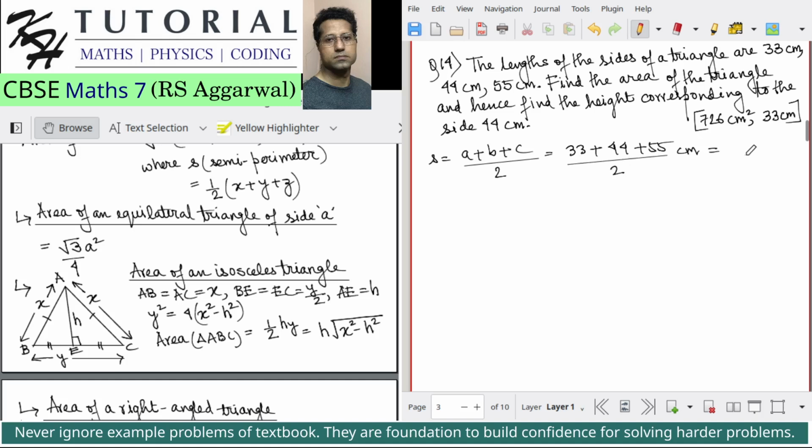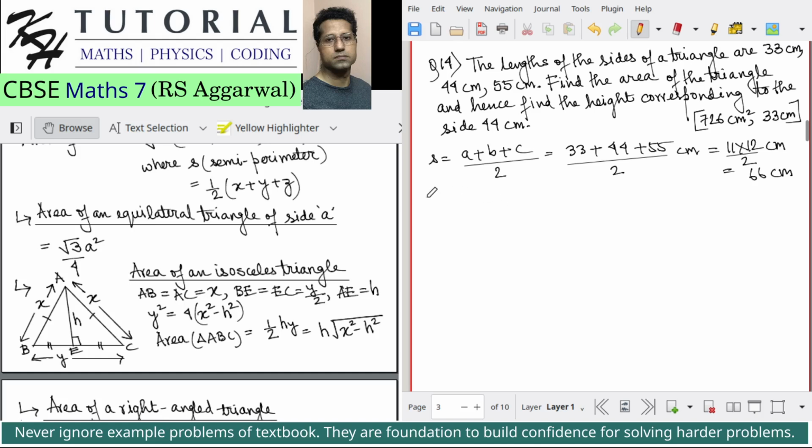If I take 11 common from all of them, I will have 3 plus 4 plus 5, which is 12. So this is basically 11 into 12 by 2 centimeter, which is equal to 66 centimeter. 66 centimeter is the semi perimeter.